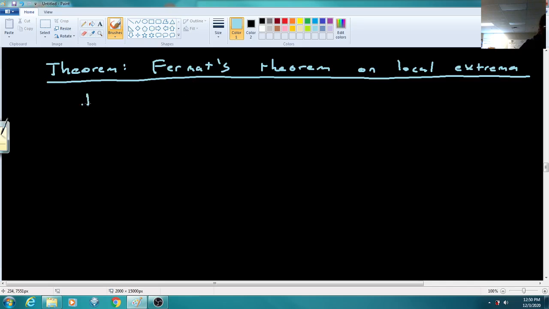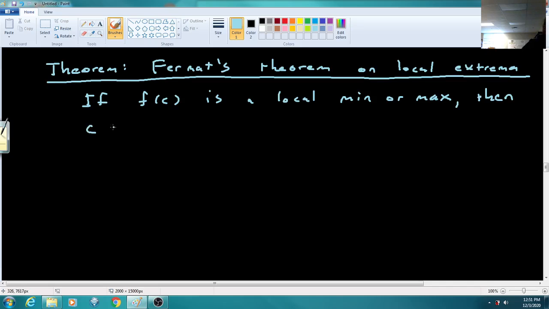So we say if f of c is a local min or max, then c is a critical point of f of x.